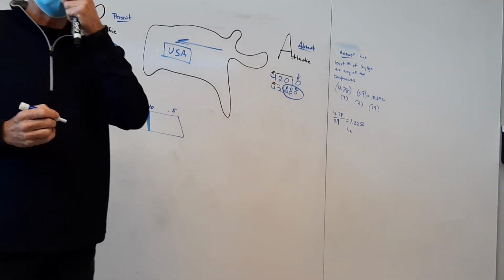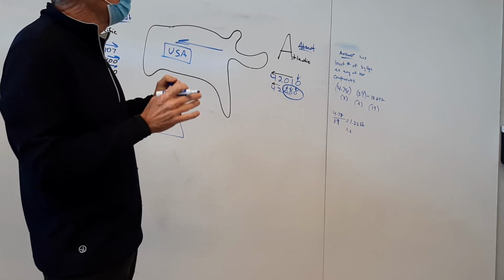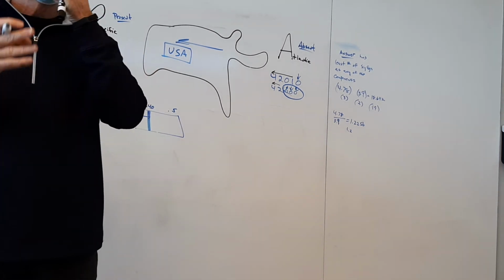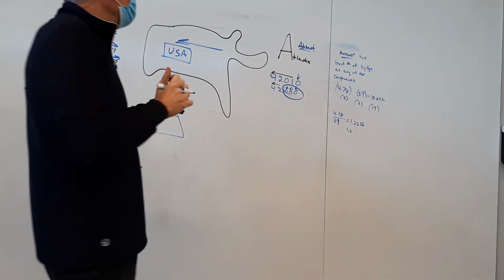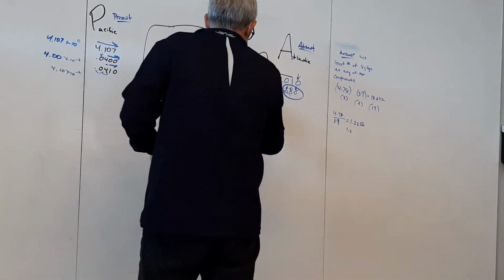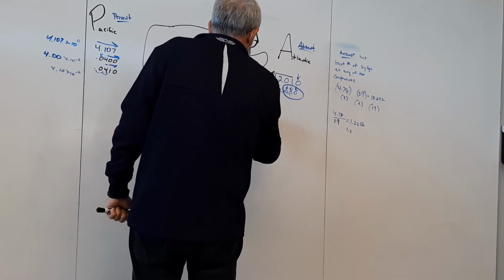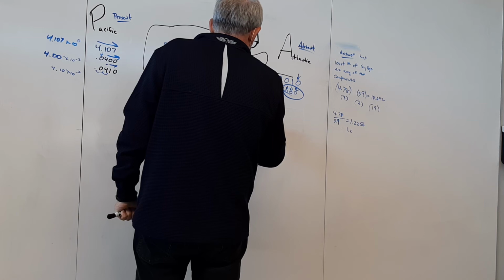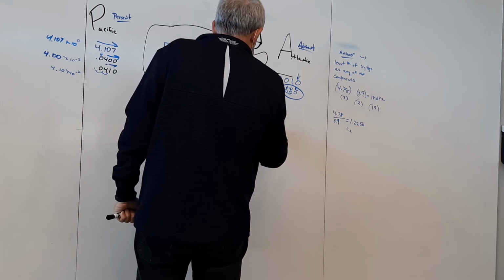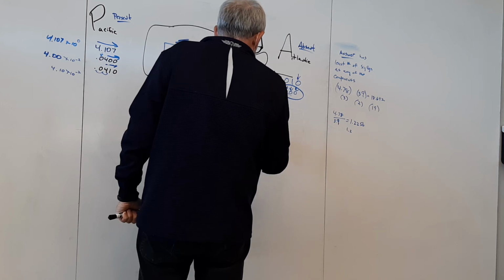If you're adding or subtracting, you go to the least number of decimal places. For instance, I have 14.2 plus 19.71 plus 14.99.